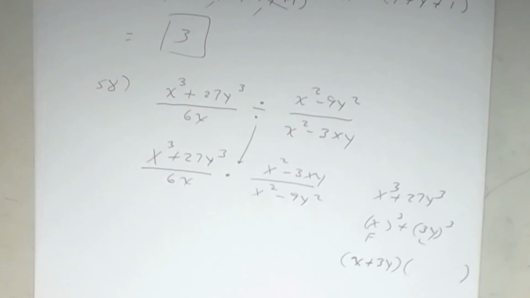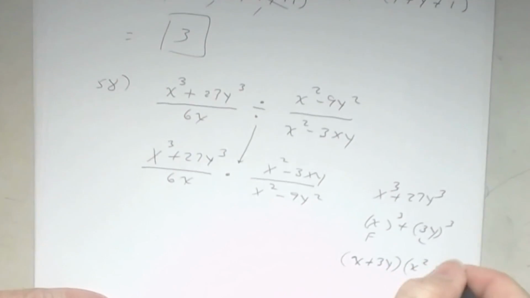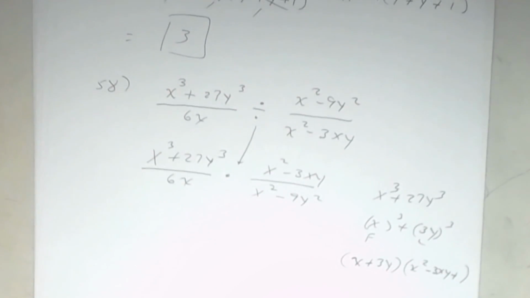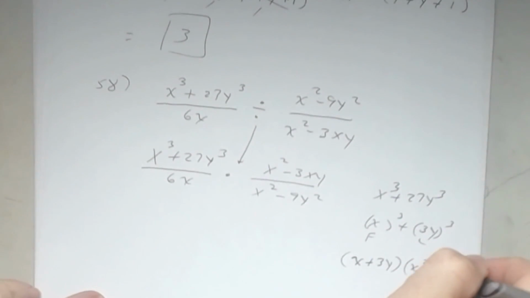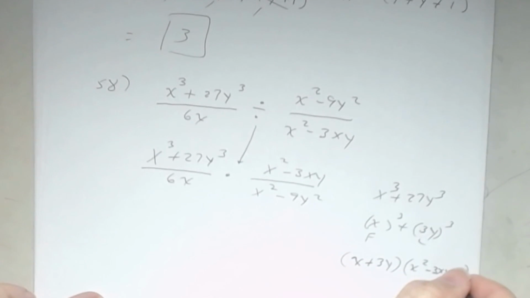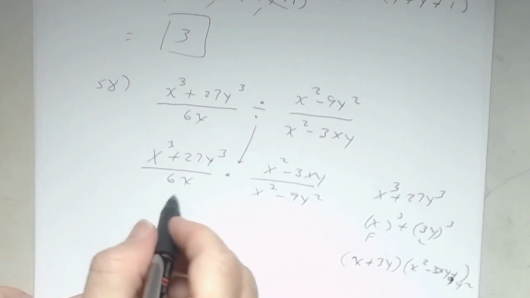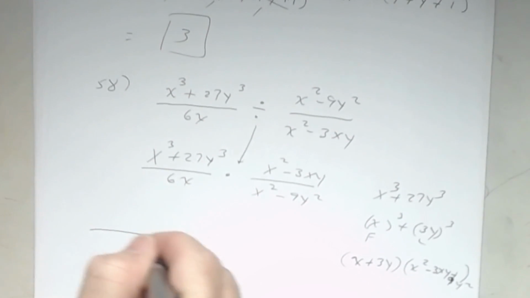The trinomial will be F squared, so it'll be x squared, then minus 3xy, and then plus L squared. So L is what here? 3y. So it's 3y times 3y, 9y squared. So that's the trinomial.